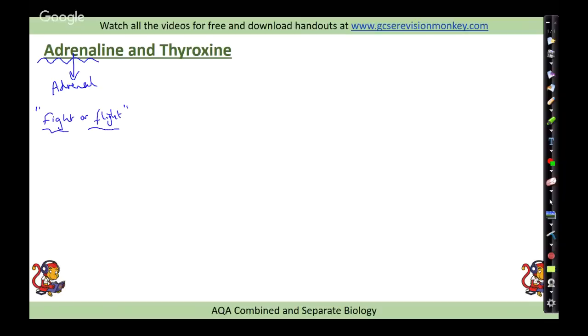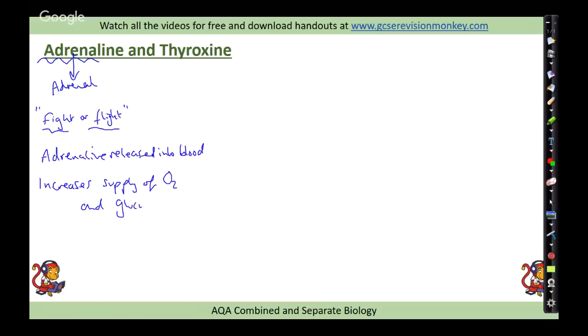And to do that, you need your muscles to be working to the best of their ability and your brain to be thinking fast and working to the best of its ability. So you kind of need to know this one off by heart, really. The adrenaline is released into the blood, and you need to know that that's from the adrenal glands. And you need to know that this increases the supply of oxygen and glucose to the brain and the muscles.